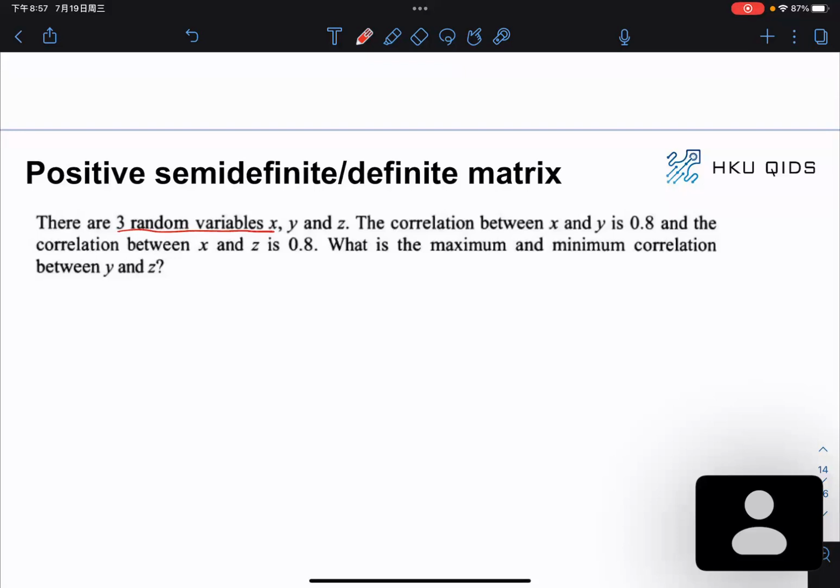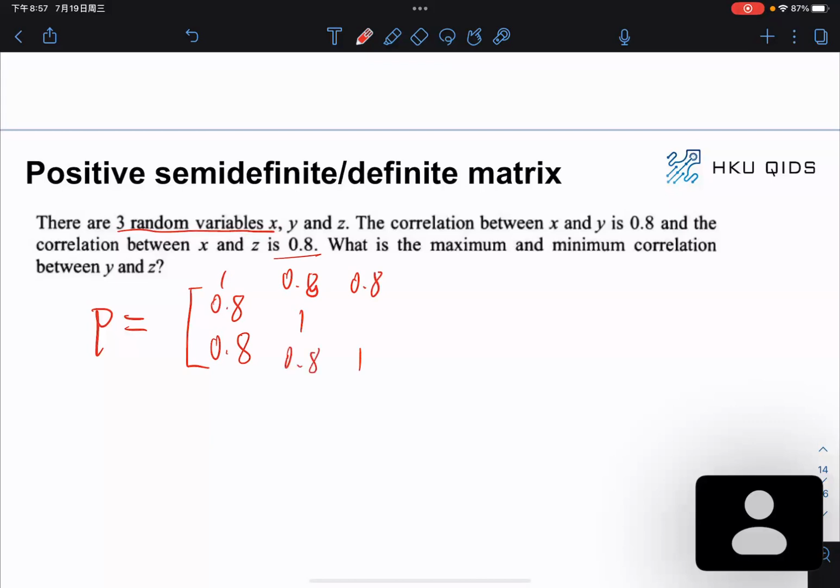The correlation between x and y is 0.8, and x and z is also 0.8. Remember, in the previous section, I tried to solve this problem with the triangular geometric method. But we can now use a classic matrix way, right? So let's write down the correlation matrix: 1, 1, 0.8, 0.8. This is x, y, z by x, y, z.